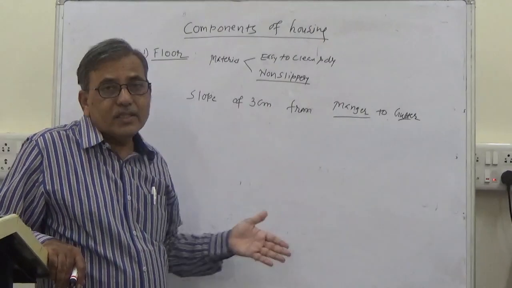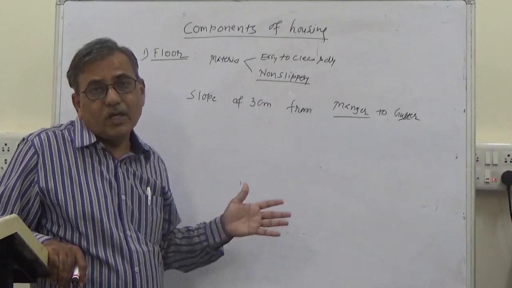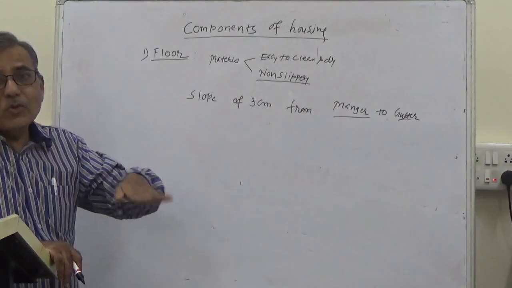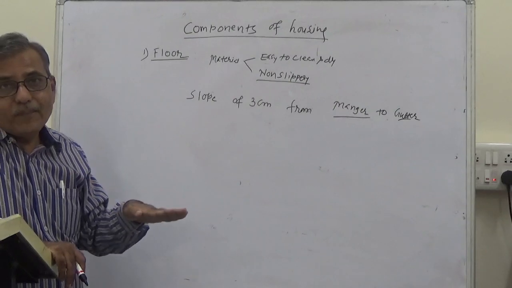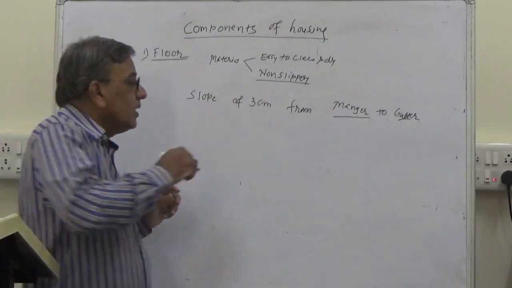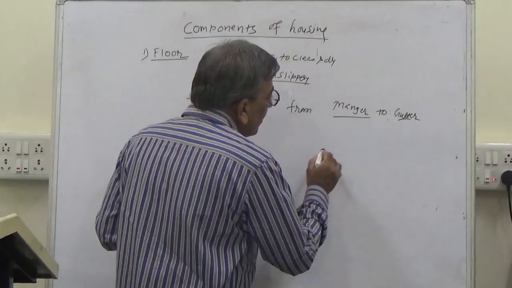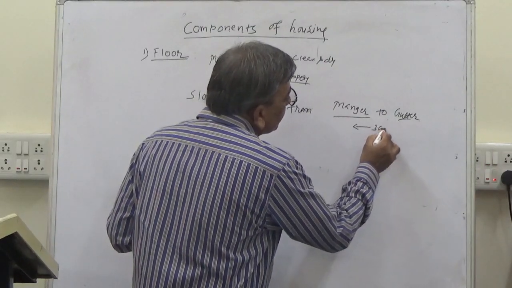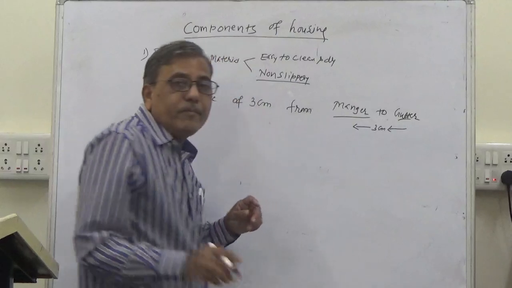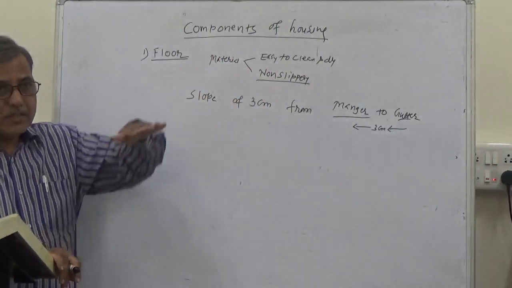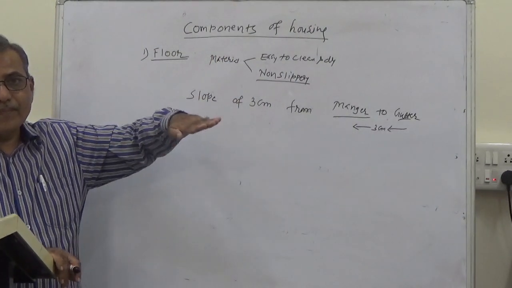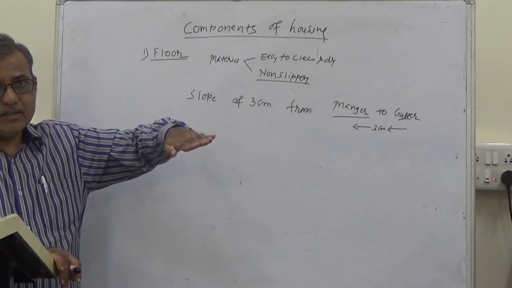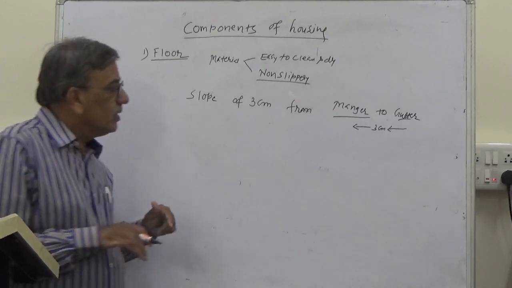So while constructing the floor of the house, a particular slope should be given for easy drainage of these dung and urine. It should be of 3 centimeters from manger to gutter. Means manger should be at an elevated place as compared to gutter.